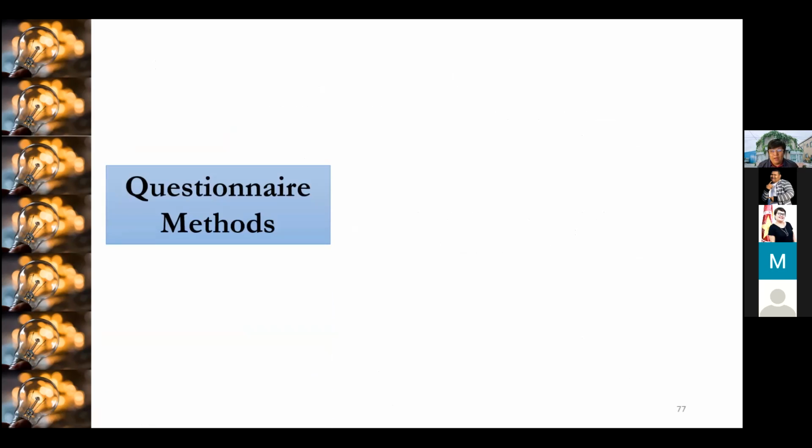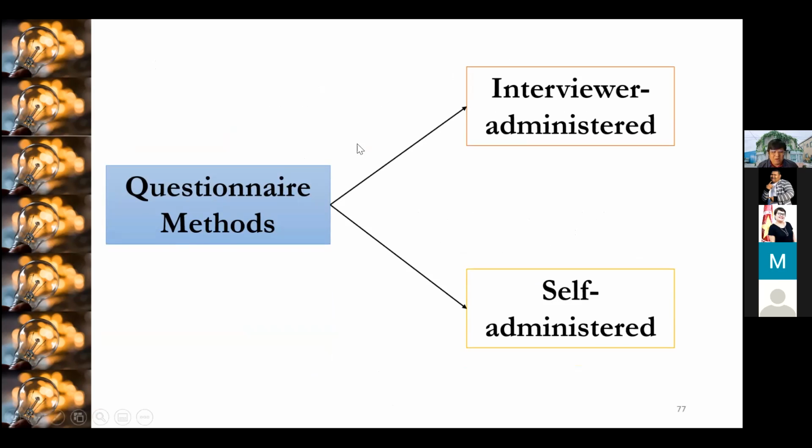Okay. If you still remember yesterday, we mentioned that in designing our questionnaire, there are two methods that we can use in our data collection. One is what we call interviewer administered, wherein the data collector is present while the questionnaire is being answered by the participants or respondents. So it means that the data collector guides the respondent in answering the different items or sections of our research instruments.